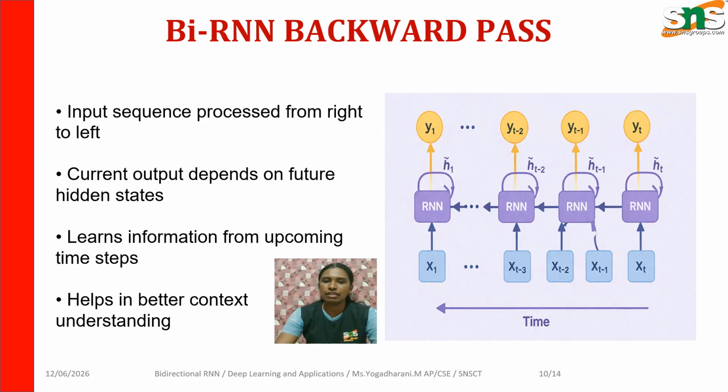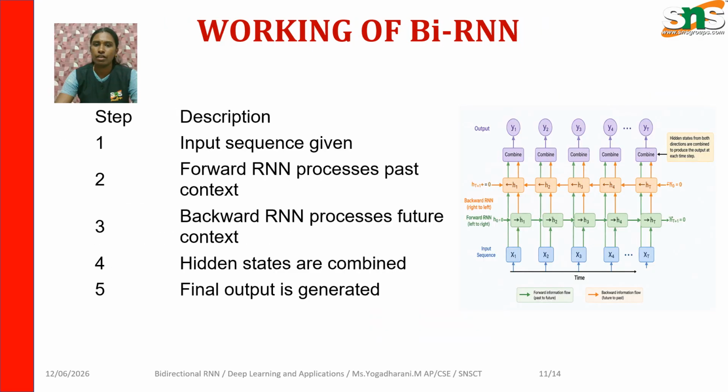The next slide is the bidirectional backward pass. The backward pass processes the sequence in reverse order, learning information from the future input. While processing "deep," it already knows "learning" is coming. This provides richer context.